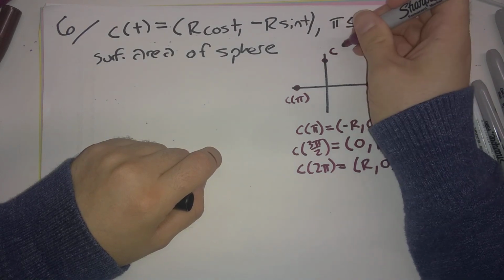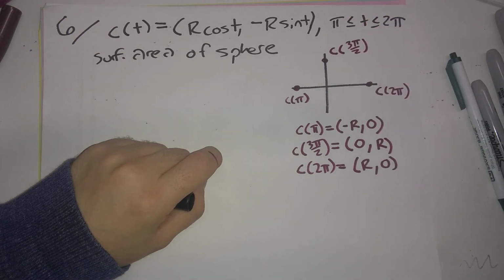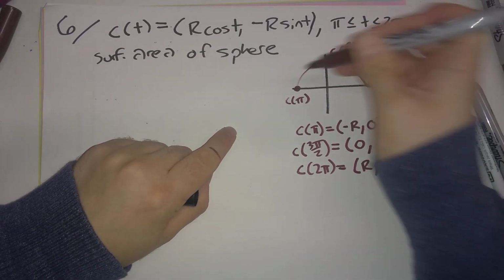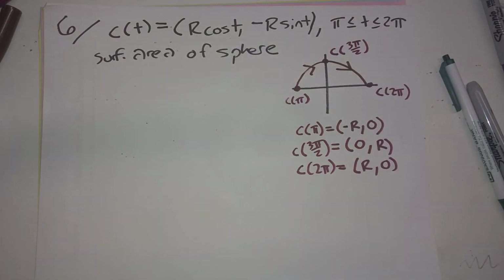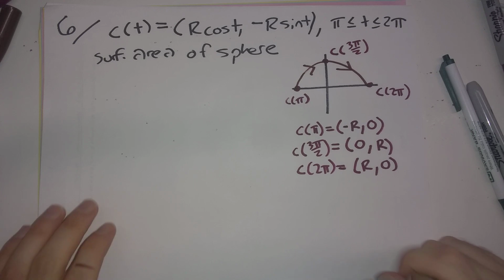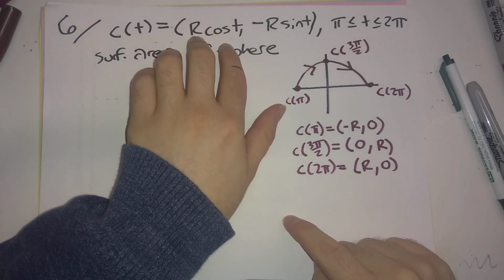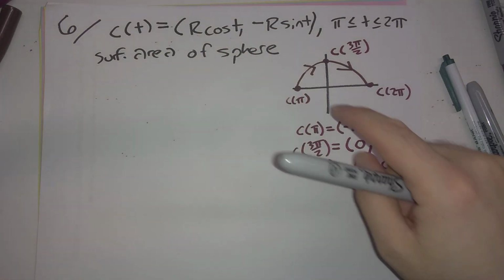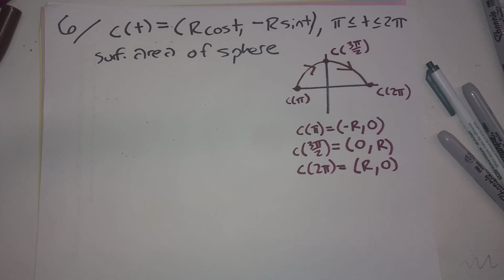So up here is C of 3 pi over 2. So we can see at this point our parametrization is going in that direction. We're used to having our standard parameterization be r cosine t, r sine t, so this is making it run backwards, but that shouldn't bother us.